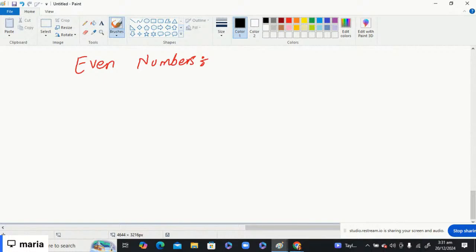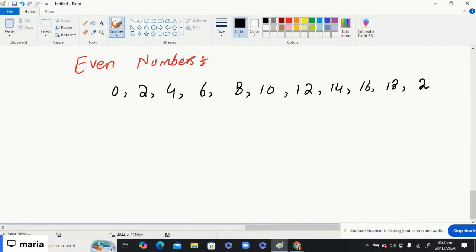So let's do the even numbers. Firstly, it's 0, 2, 4, 6, 8, 10, 12, 14, 16, 18, and 20.